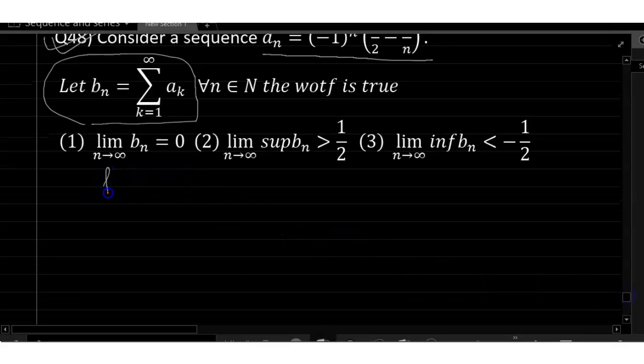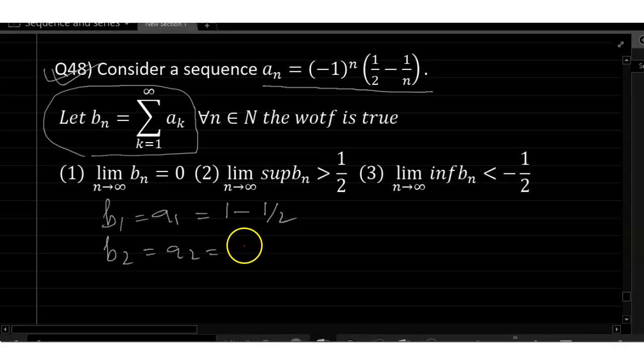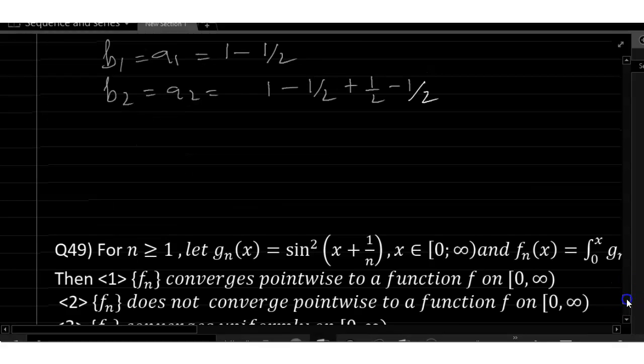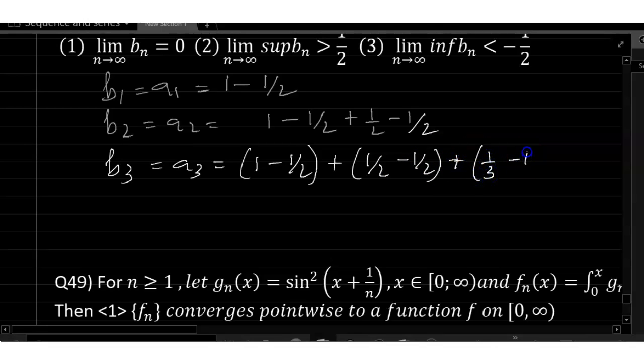So friends, whatever you see, b1 equals a1 equals 1 minus half. b2 equals a2 equals half: 1 minus half plus half minus half minus half. Similarly, b3 is equal to a3 equals 1 minus half plus half minus half plus 1 by 3 minus half.